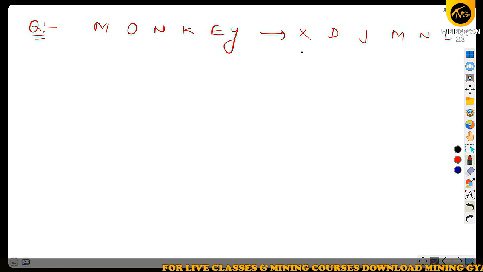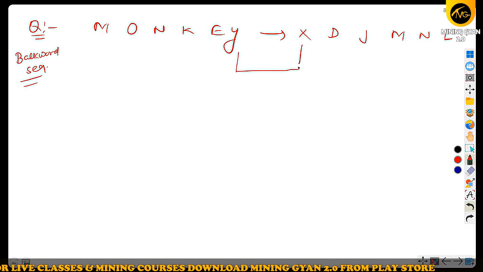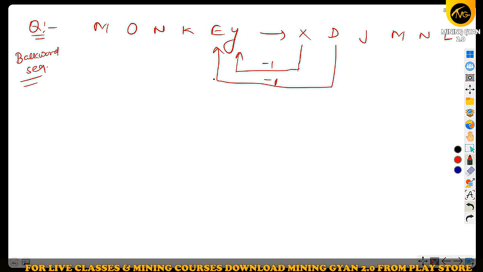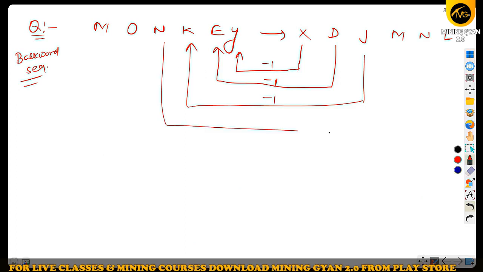Now in this case, you can easily find out that this is called backward sequence, because the gaps are in the minus form, like X minus 1, X, Y. Similarly, the gap between E and D will be in the minus form, D, E. Similarly, the gap between J and K is minus 1.